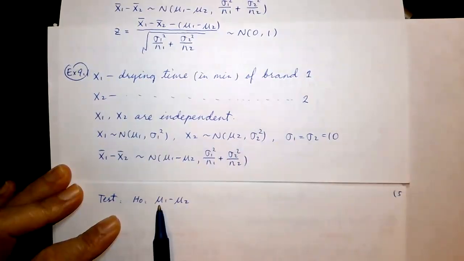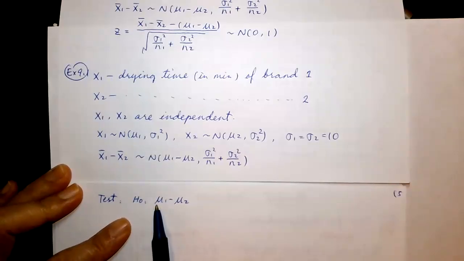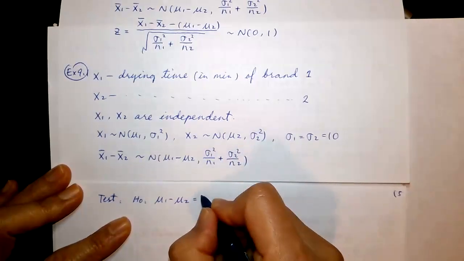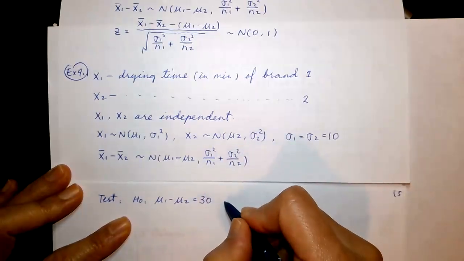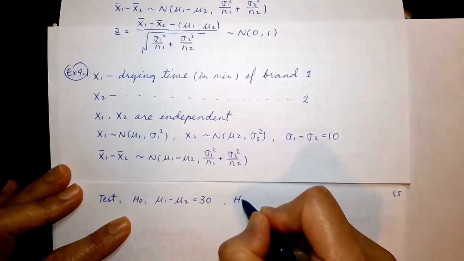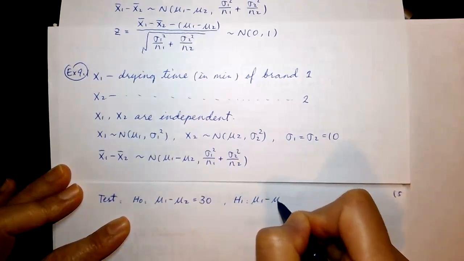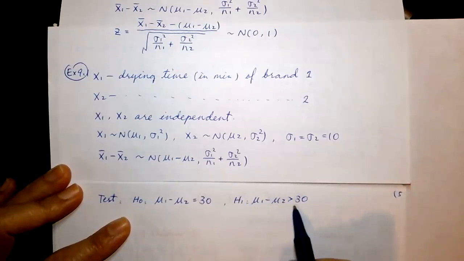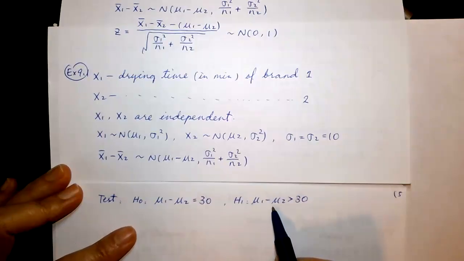Mu1 is the average drying time of the cheaper brand. It takes longer to dry. So you expect mu1 to be more than mu2. That's why, because I prefer to work with positive numbers, I use the larger one minus the smaller one, whether the difference is 30 minutes or more than 30 minutes.